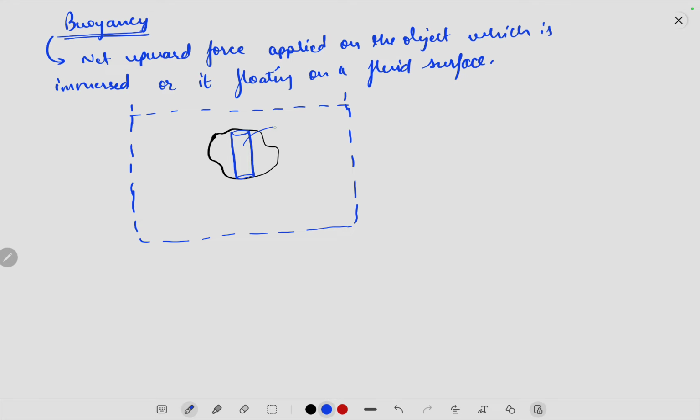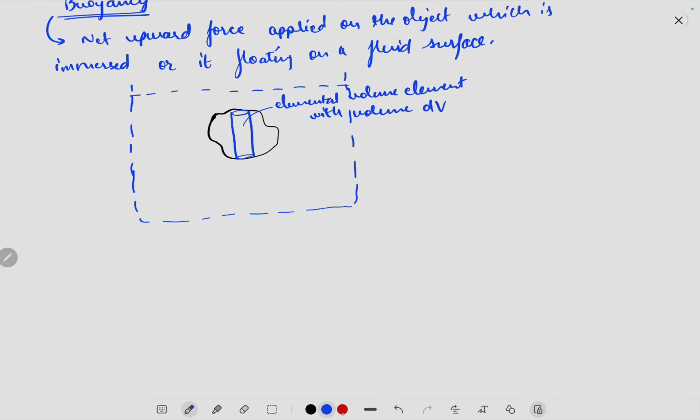This is an elemental volume element with volume dV. Okay, so now from our knowledge of hydrostatics, we know that the fluid will exert pressure from this side as well as from this side on this volume element, correct?